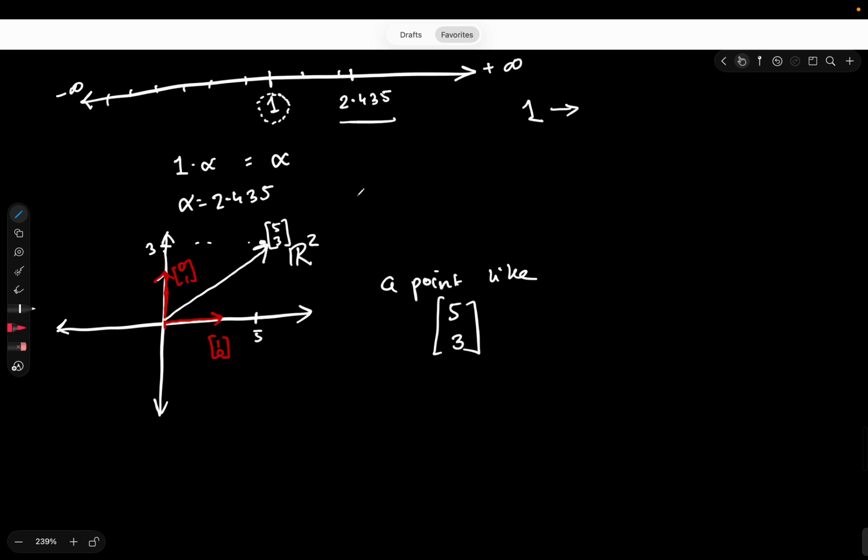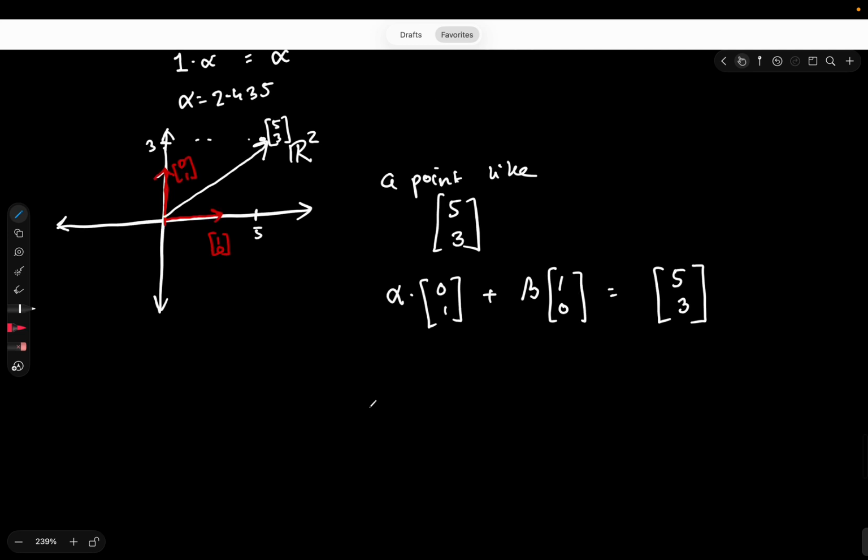So what will we do? We can perform an operation like alpha times (0, 1) plus beta times (1, 0) to get the value (5, 3). We can take alpha to be 3 and beta to be 5.